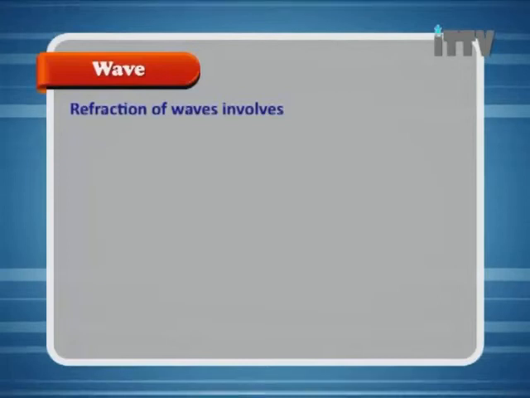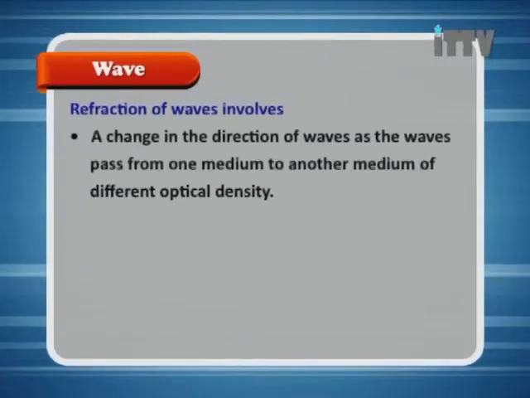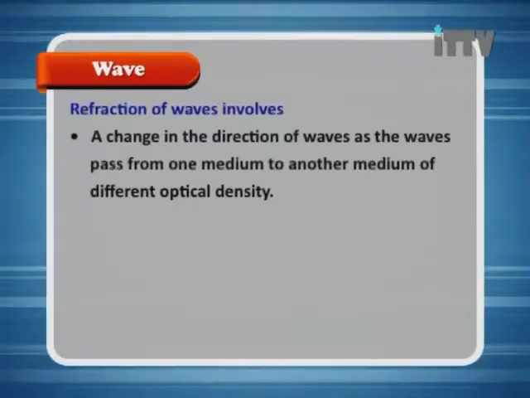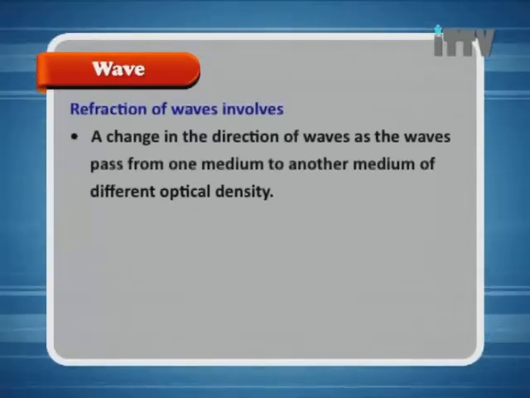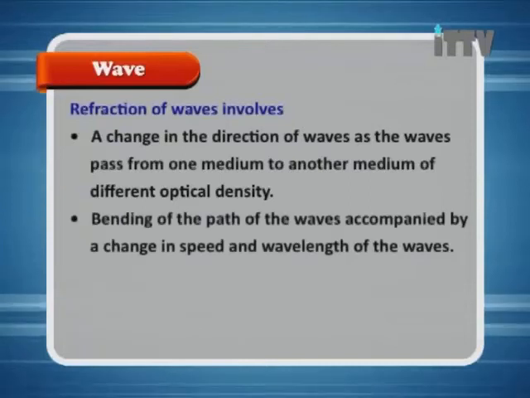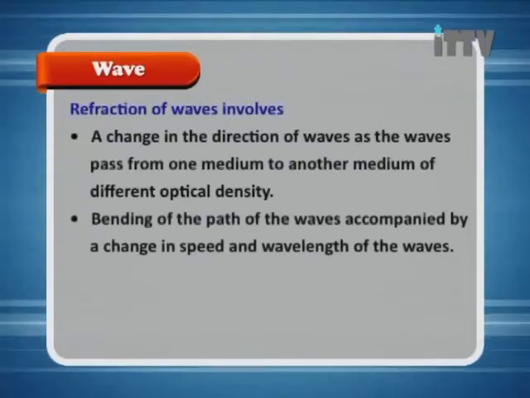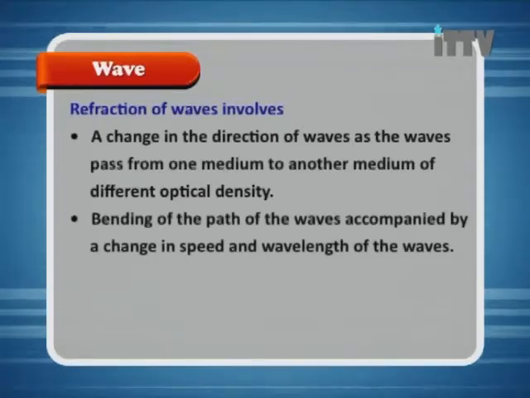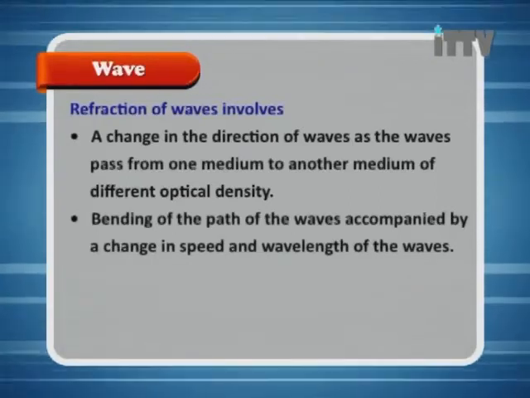Refraction of waves involves a change in the direction of waves as the waves pass from one medium to another medium of different optical density. It is a bending of the path of the waves accompanied by a change in speed and wavelength of the waves.